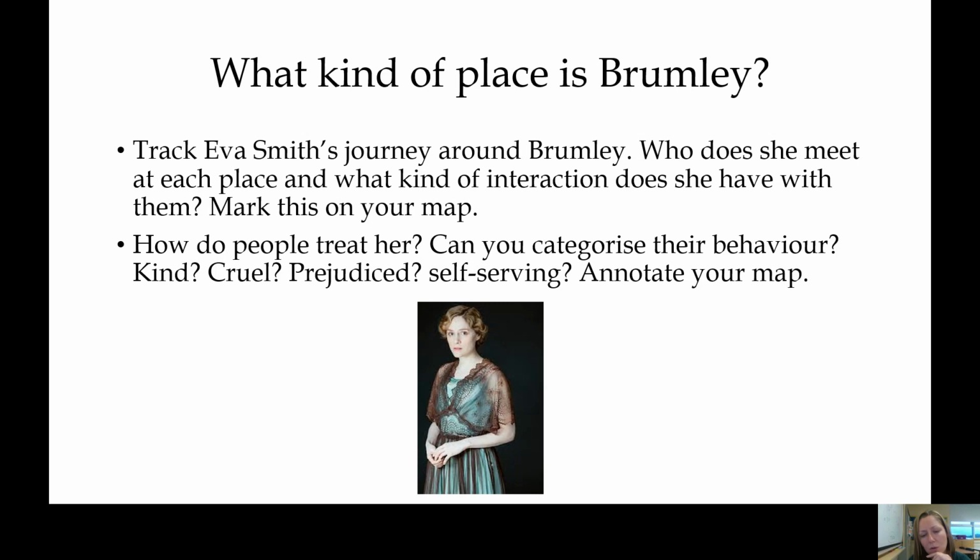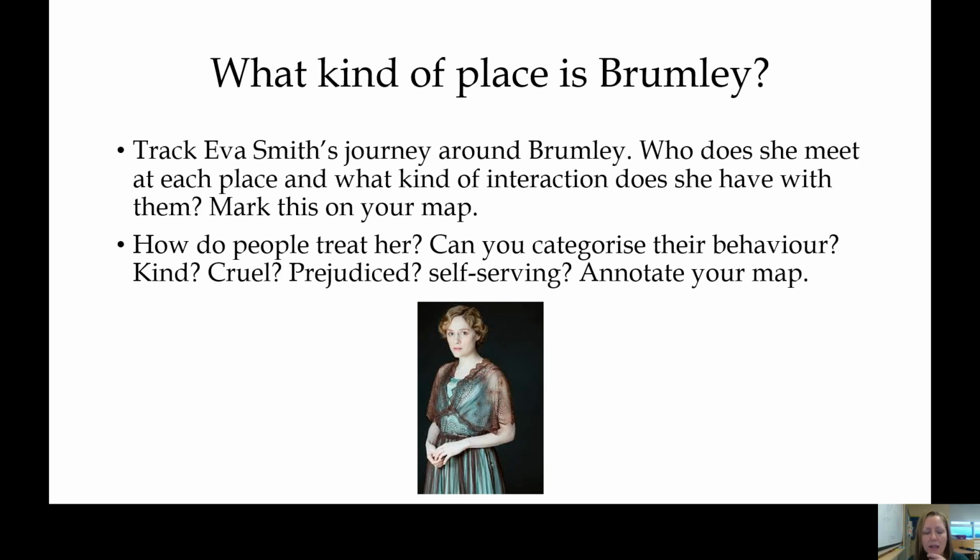So in questioning the characters, he takes us on a bit of a journey around Brumley, and we get a sense of what they expect Brumley to be like and what kind of place it is. But then he keeps returning to the cold, hard, final, brutal image of Eva Smith on the hospital slab.